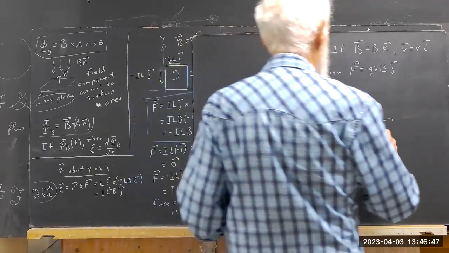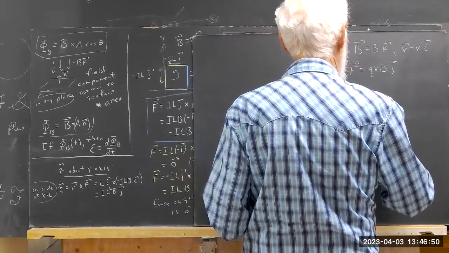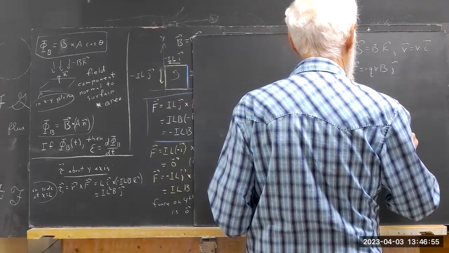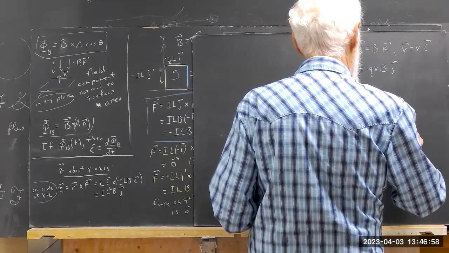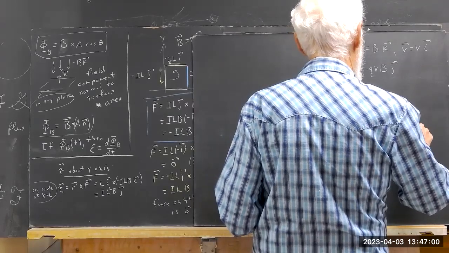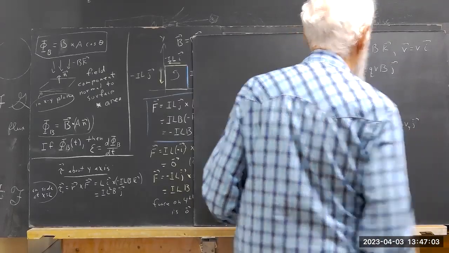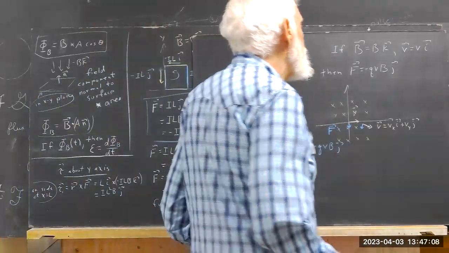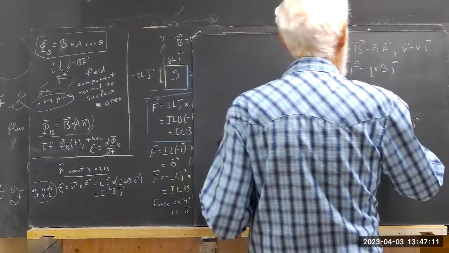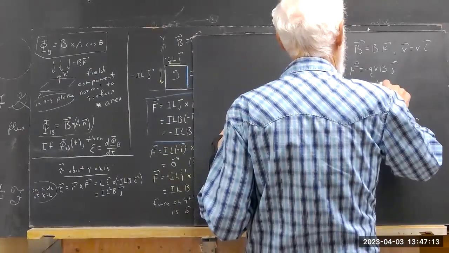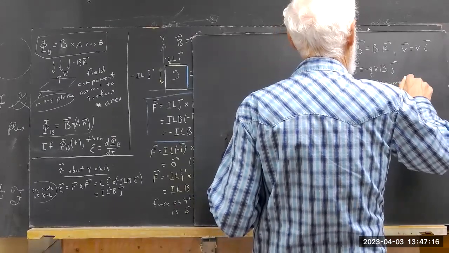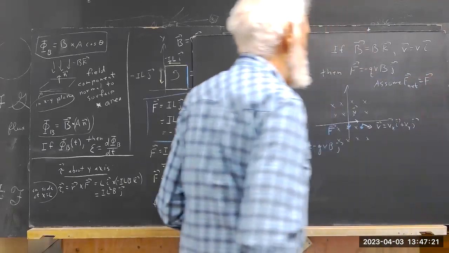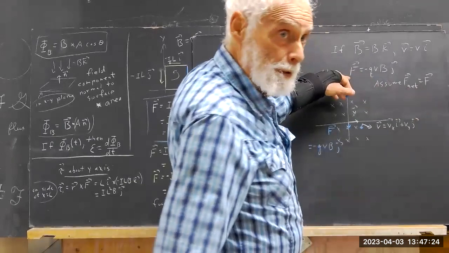So your velocity here is Vx i plus Vy j. Okay. Then that is the magnetic force.